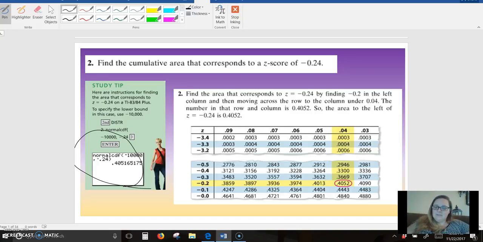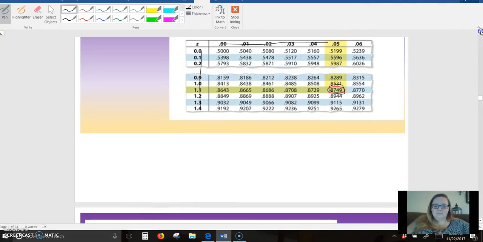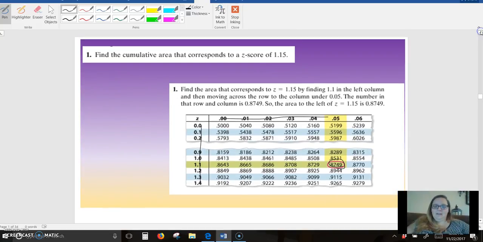This -10,000 is just a blanketed number. You just pick a really tiny number, and then we wanted the -0.24, and so that's what you get there. Let's go over here. The one we just did up here. Okay, a score of 1.15.